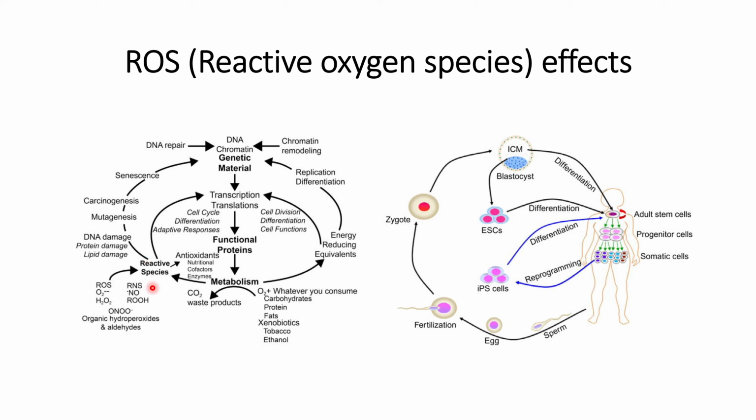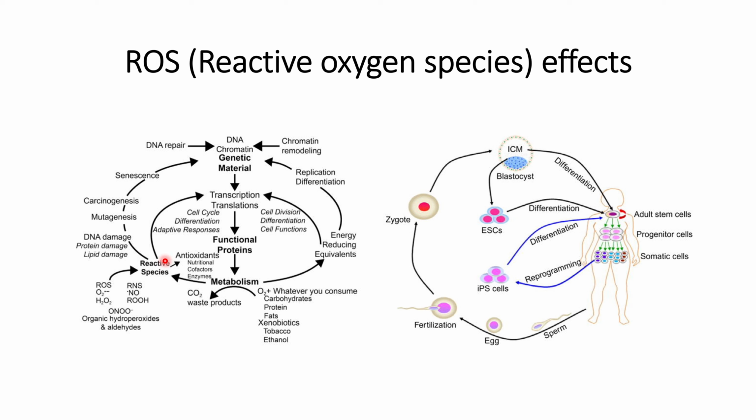And in a normal human being, this reaction is always in an equilibrium state in such a way that the amount of ROS is very low, or within the acceptable limit for a healthy individual.